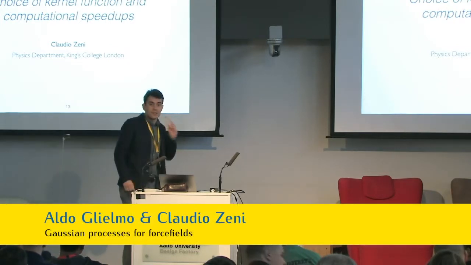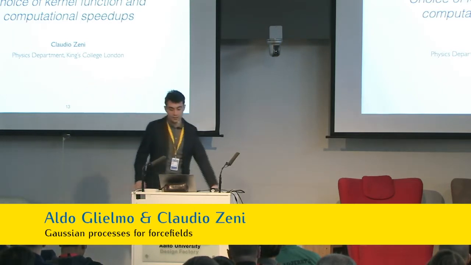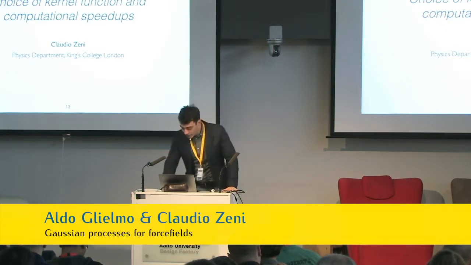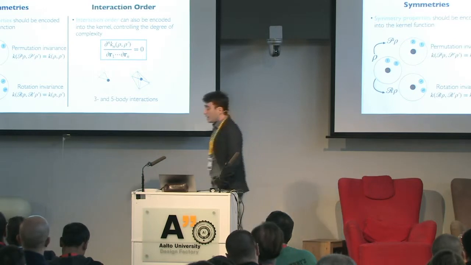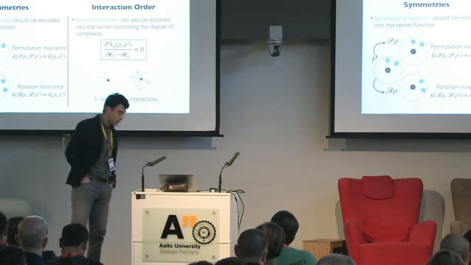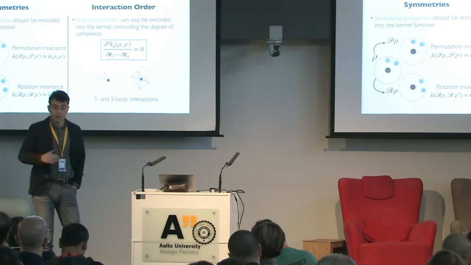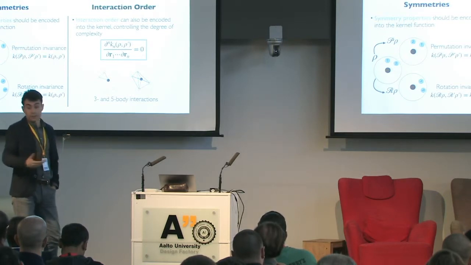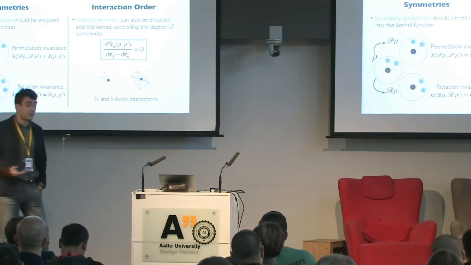Okay, fantastic. Hello, I am Claudio Zeni, and I will just continue this talk and hopefully not bore you too much. So let's keep going here. As Aldo said, the focal point of any Gaussian process regression framework is the kernel function. And we heard in these days that we really need to encode all of the possible information we can into this kernel function in order to facilitate the learning process.